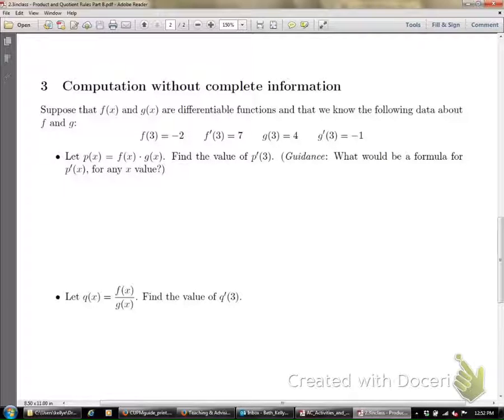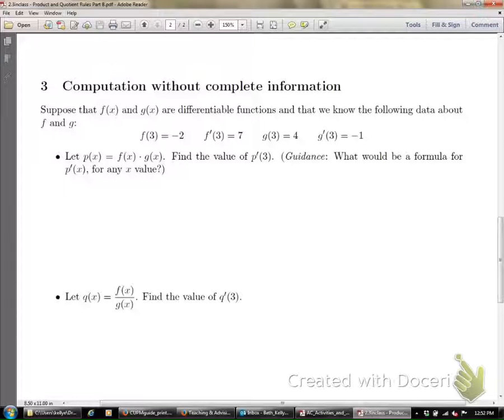F of 3 equals negative 2, f prime of 3 equals 7, g of 3 equals 4, and g prime of 3 equals negative 1. And we've got this new function, p of x, it's f of x times g of x, and we want to find p prime of 3.